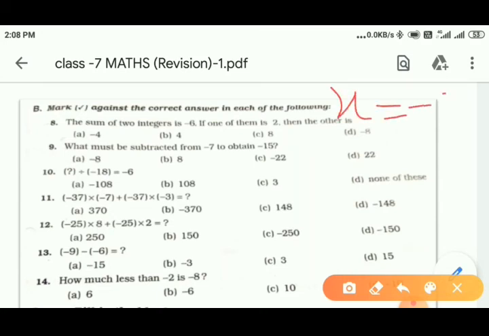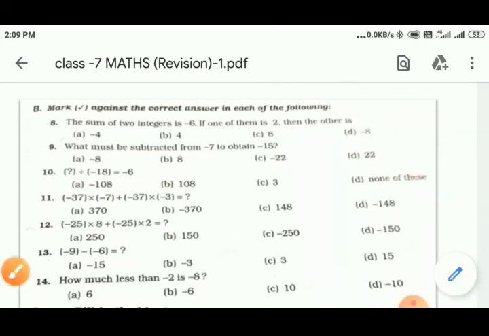When divide by minus 18 goes to the other side, it will become multiply, because when you are changing the position, following transposition, its sign will change. Divide by minus 18 will become multiply by minus 18. So it will give us the answer, minus minus plus, positive 108. 18 sixes are 108. So the B option is the correct one.